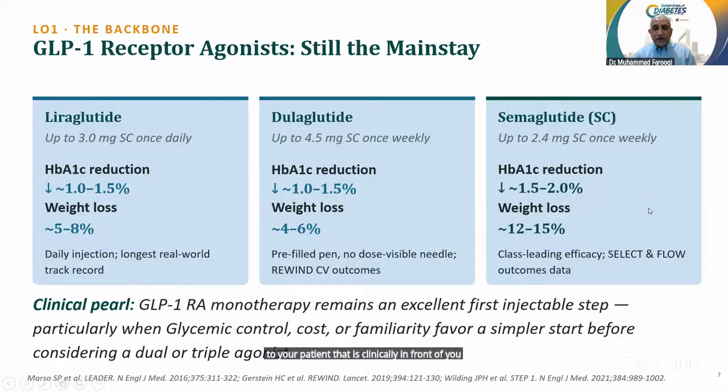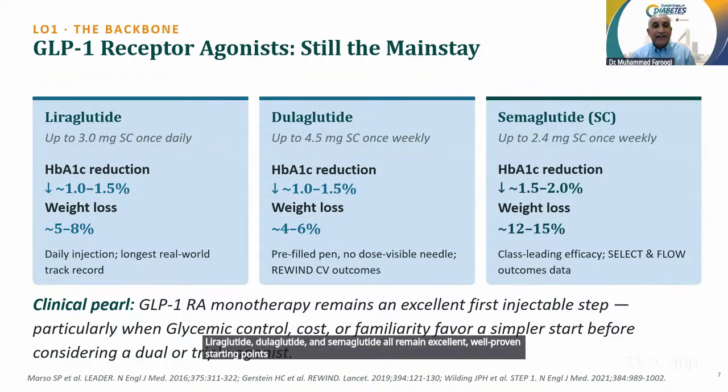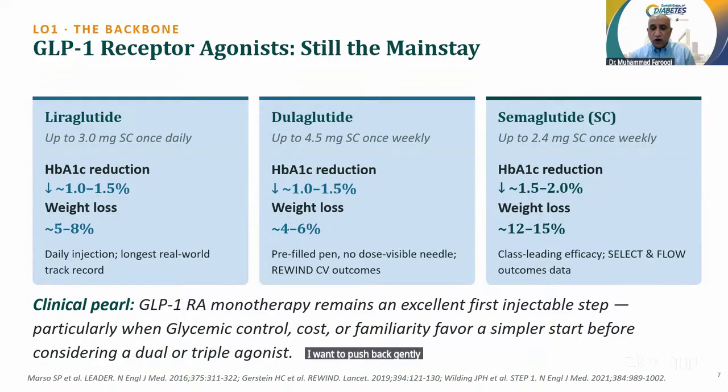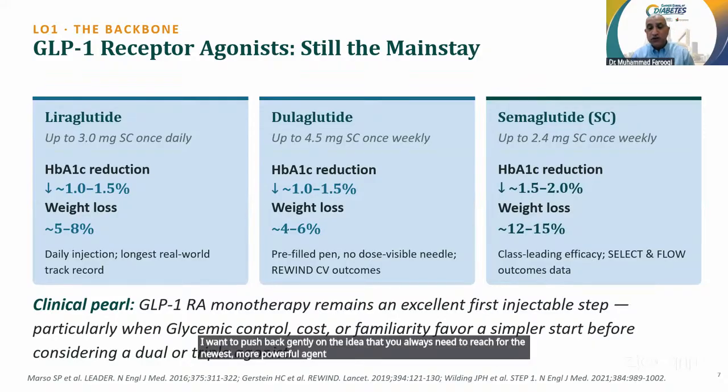So let's start with the agents most of you already know about. Liraglutide, dulaglutide, and semaglutide all remain excellent, well-proven starting points. I want to push back gently on the idea that you always need to reach for the newest, most powerful agent for your patients.